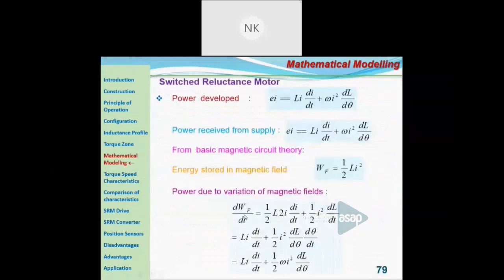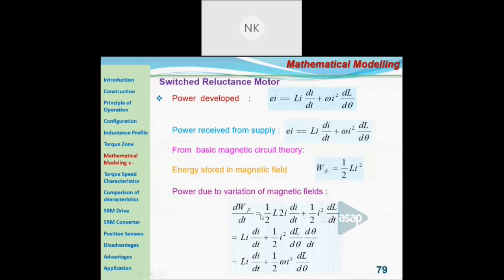Okay, fine. So here you have to obtain the mechanical power developed. The mechanical power developed is the difference between the power received from the supply and the power due to variation of the magnetic field. The energy stored in the magnetic field is half L i squared. Here you can take the rate, that is, differentiate with respect to dt.